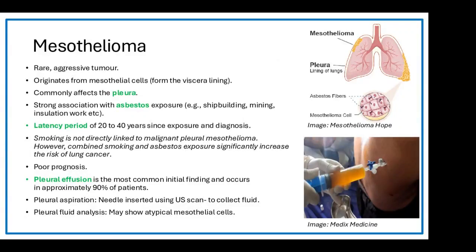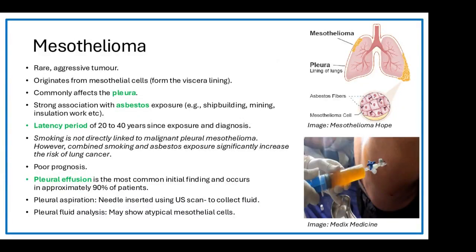So, in your history, you might have someone who was working in shipbuilding or mining, or involved in insulation work as well. It carries a latency period of about 20 to 40 years from exposure to diagnosis. So it might be that the person worked in one of those industries in their early 20s or 30s, and they can be diagnosed with this in their 80s as well.